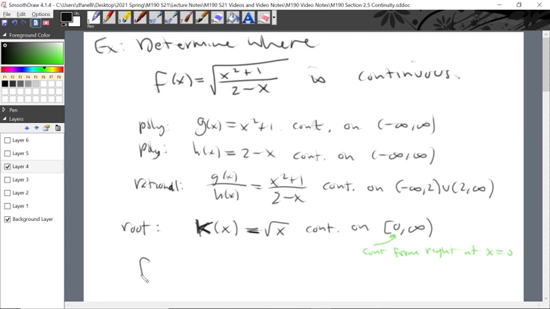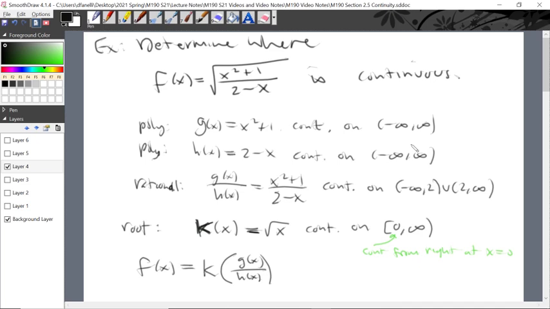So f of x is the combination k of g of x over h of x, we could say. It's a composition and it includes a ratio as well. We could even say that the numerator x squared plus 1 is the sum of x squared and 1. We can dig kind of deep here. It's a combination of a whole bunch of things.